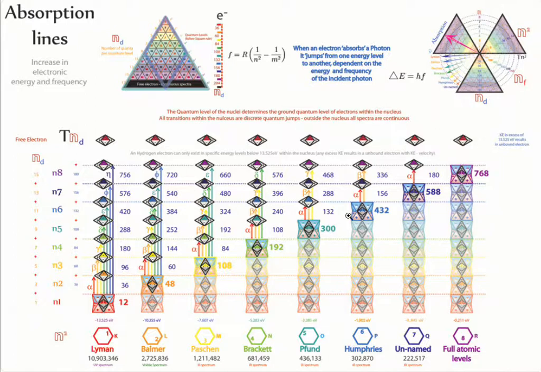To jump from Balmer alpha, you can see the alpha there, say an alpha epsilon transition from energy level 2 to energy level 7 requires 540 quanta.